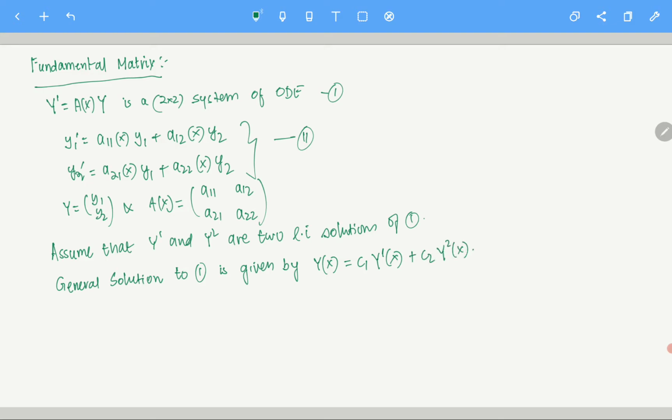Okay, so the general solution is given like this. C1 and C2 are constants.